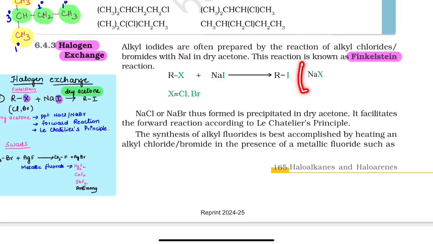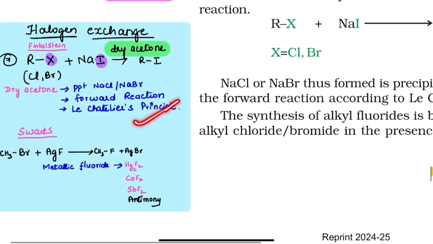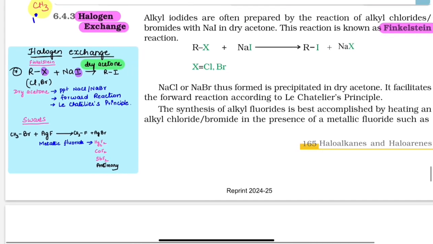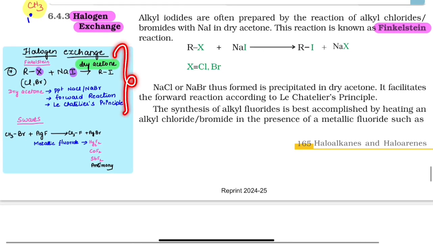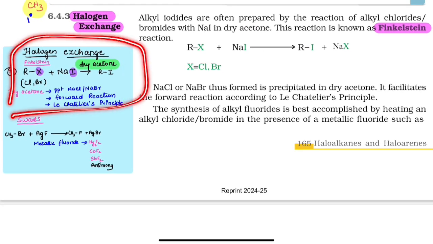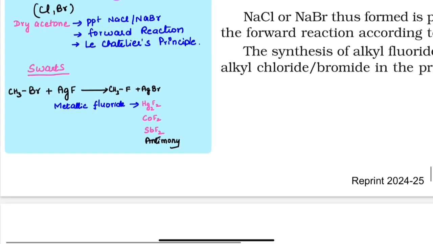On the product side we are removing this, meaning we are decreasing the concentration. Since the concentration is decreasing on the product side, the reaction will proceed in the forward direction. This much you have to know. I have already written all the points here, so go through this.